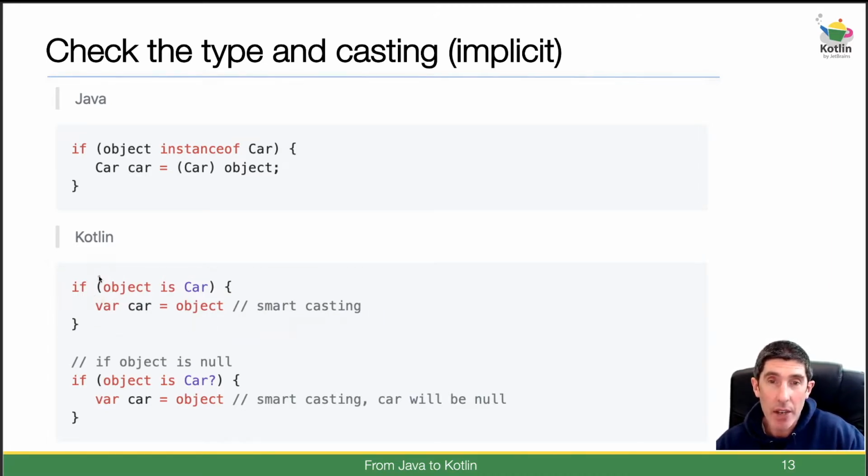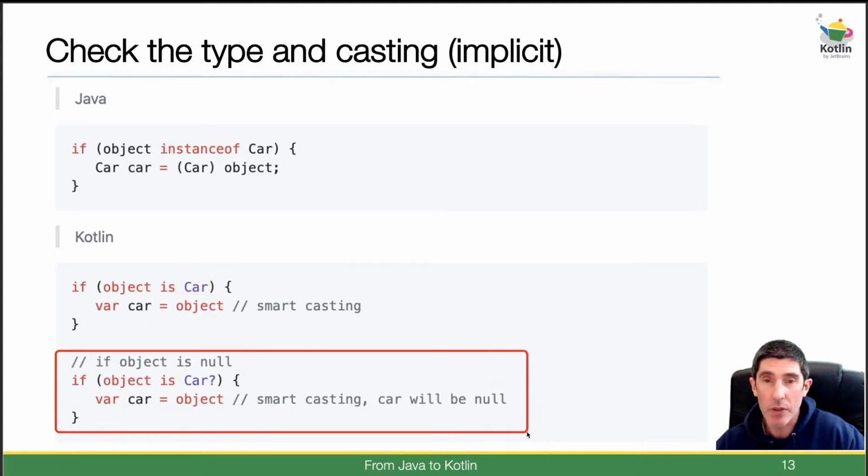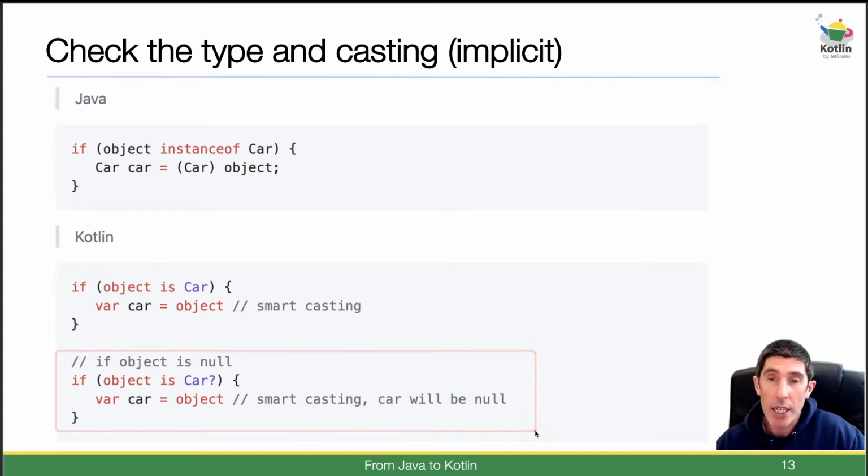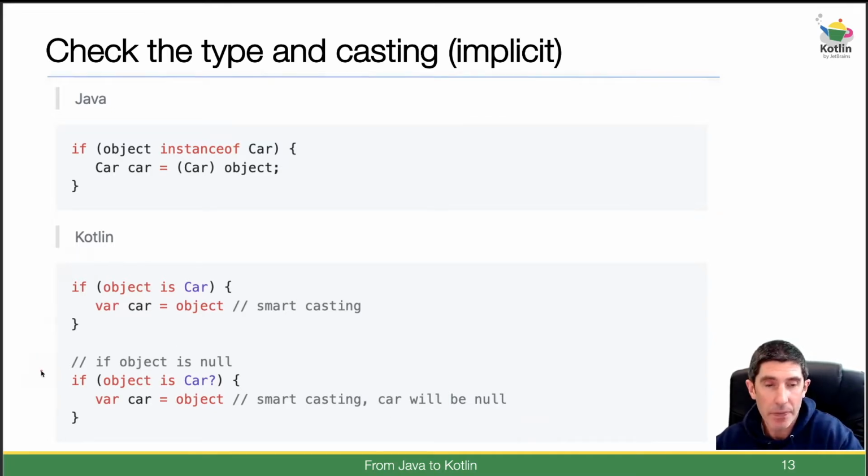So we can say if the object is a car, assign object to our car value, which then implicitly allows that to happen because the compiler implicitly knows that object is of type car. Okay, and then likewise there it is the same for checking if it's null. We don't need to explicitly identify the type that we're casting from, and we don't have to use that as command.